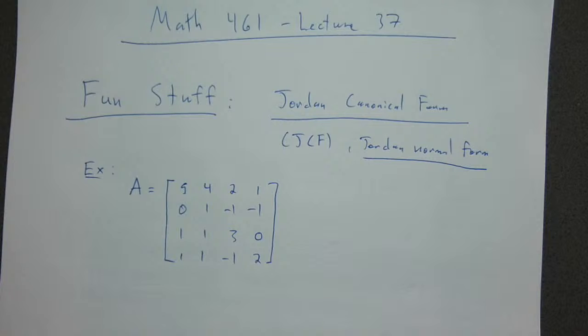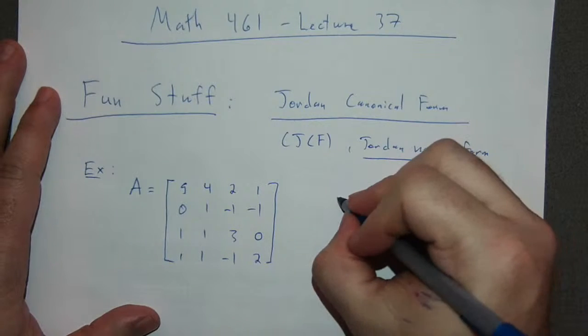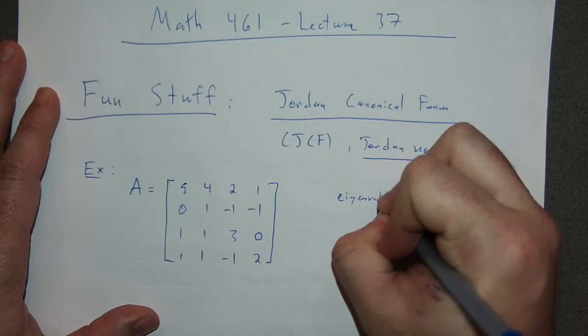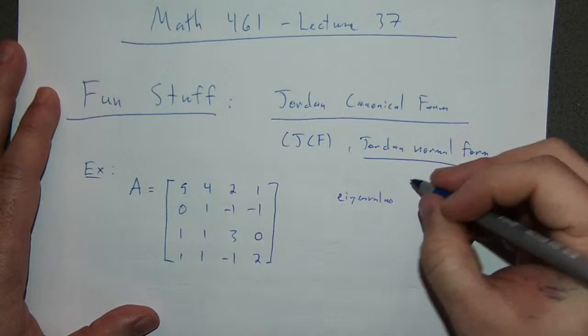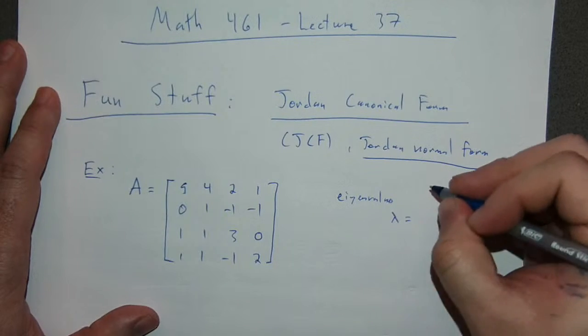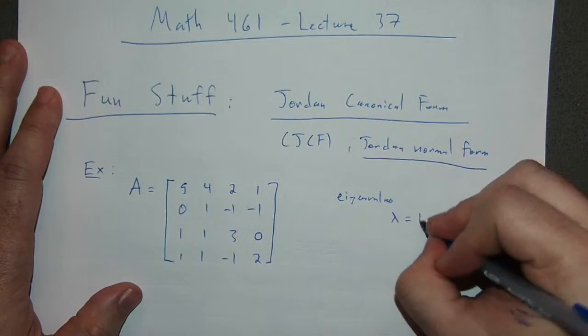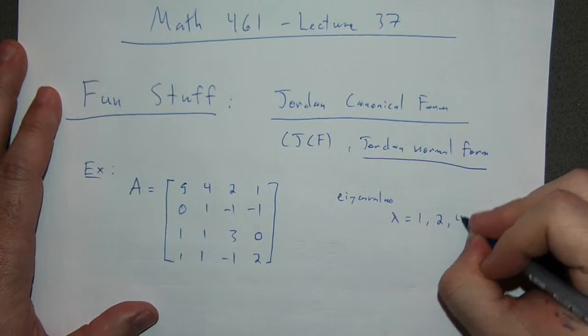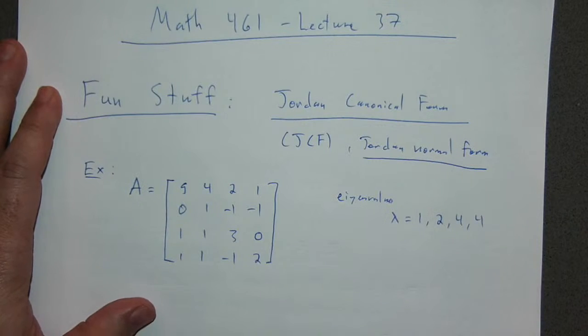Okay, so what are the eigenvalues? The eigenvalues of A are 1, 2, 4, and 4, listing with multiplicity, right?